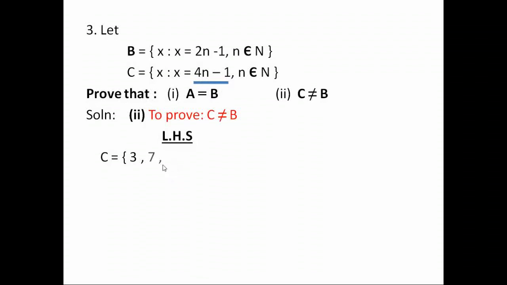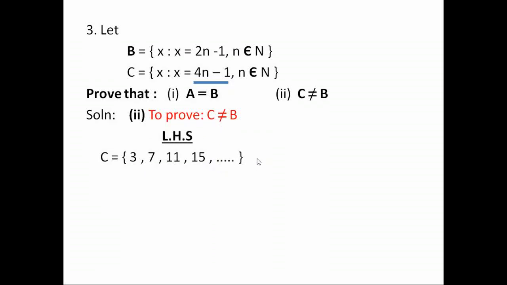Next, 4 threes are 12. 12 minus 1 will get 11. Next value, let's substitute 4. 4 fours are 16. 16 minus 1 will get 15. Now, there is no limit given. Let's put a continuation sign and close the braces.